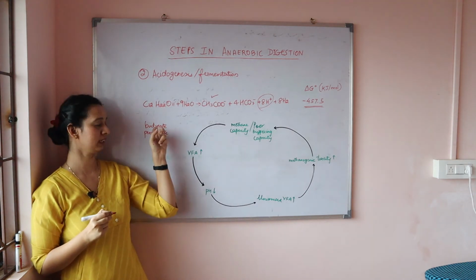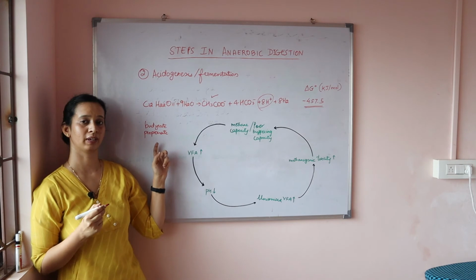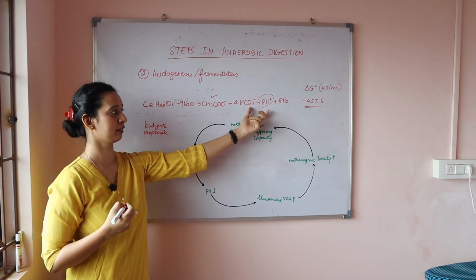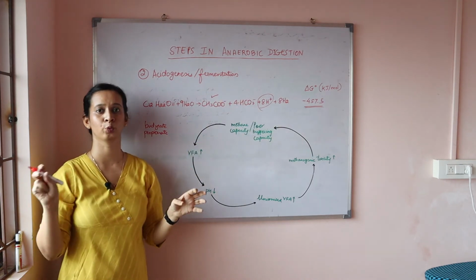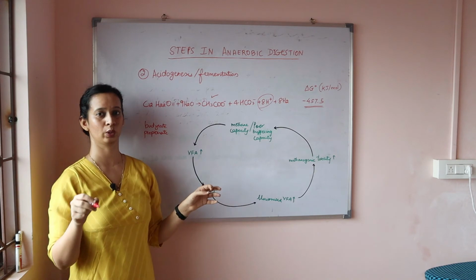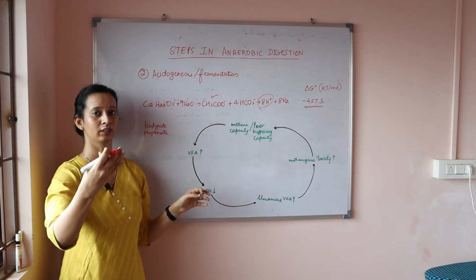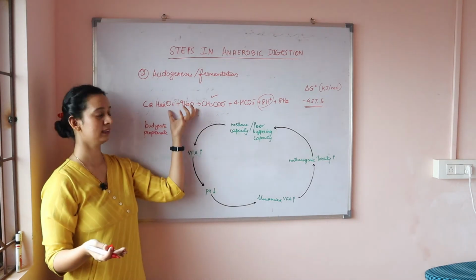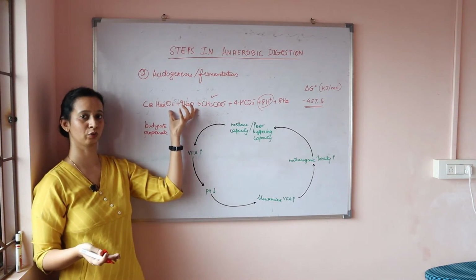Why will butyrate and propionate start forming? It is because this hydrogen is not getting removed properly. And the reason it is not getting removed properly is that the further reactions are not happening properly, or you can say this reaction is happening too fast because of overloading.